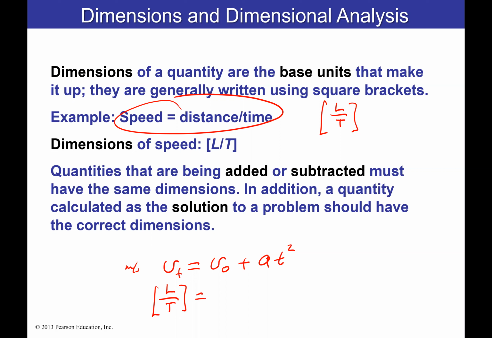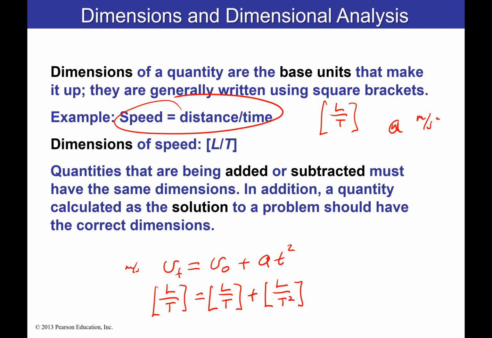Let's look at the right side of the equation. I have velocity, which is in terms of length over time. That's fine. Then plus acceleration times t squared. What is the dimensional analysis for acceleration? Remember, acceleration has the units of meters per second squared, which means it's length per time squared.